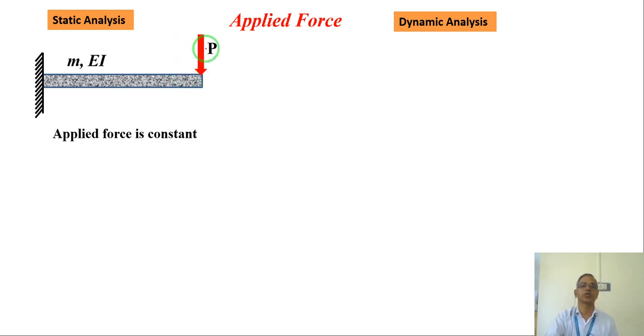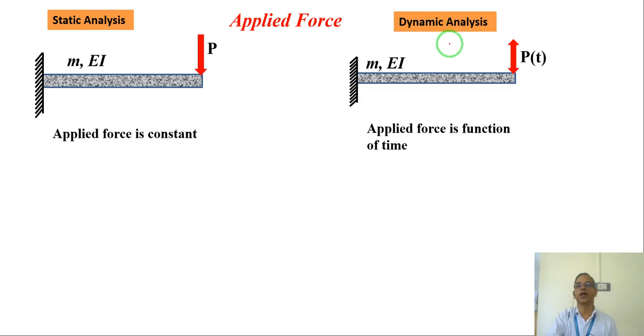Whereas in the dynamic analysis, the load varies with time. At this point of location, one time it is 10 Newton, another time 20 Newton, another 30 Newton, another time maybe 5 Newton. The load is not constant during the life of the structure.